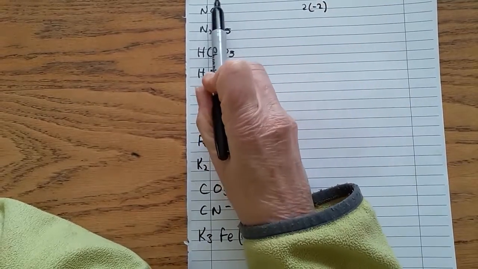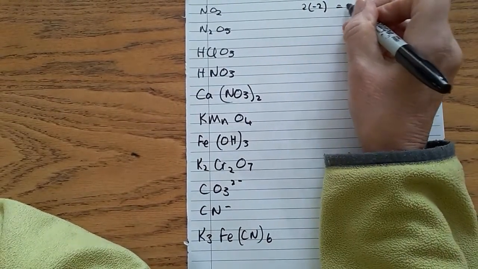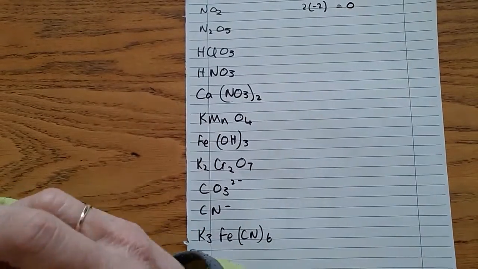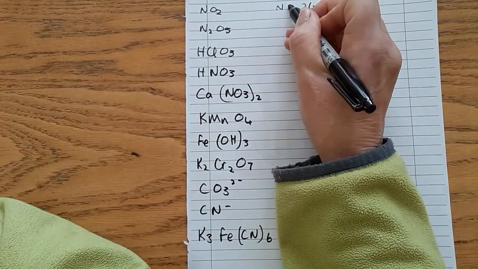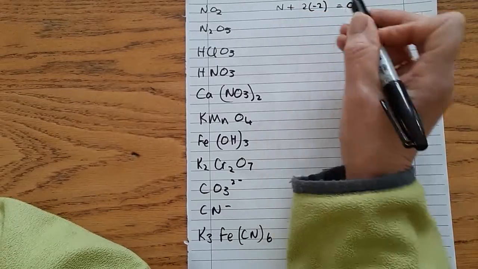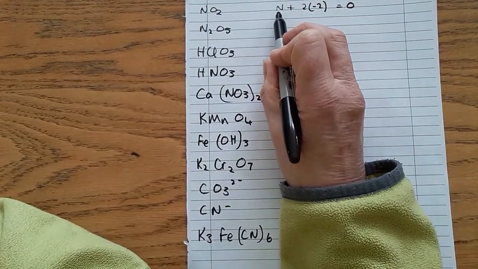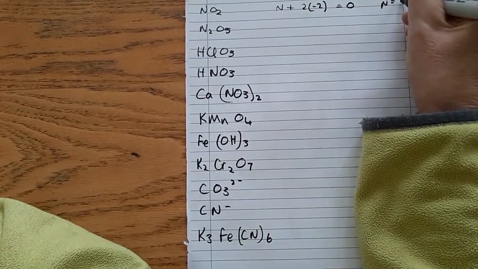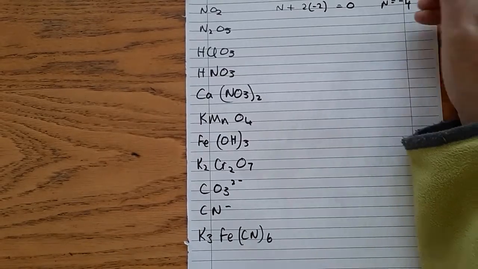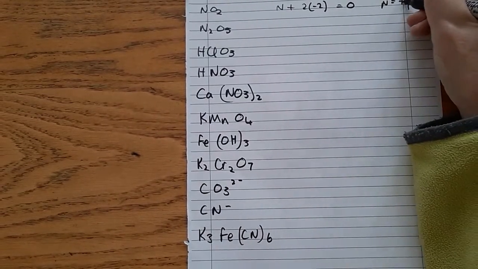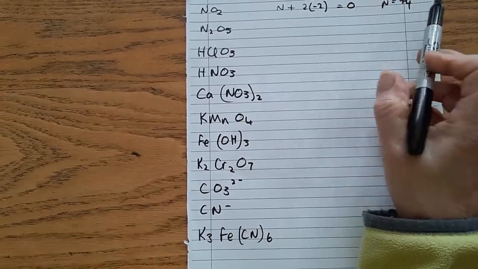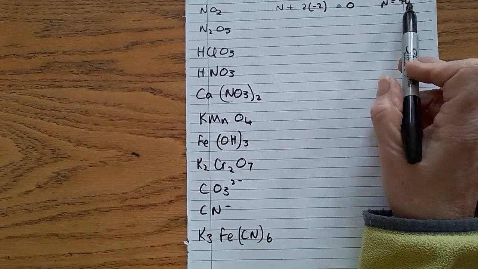There's an overall charge of 0 on the compound because there is no charge obvious, which means that nitrogen has to contribute something that will balance that to give 0. So in this particular case, nitrogen is going to be +4. Oxygen will contribute -4, and -4 plus 4 gives me an overall charge of 0.